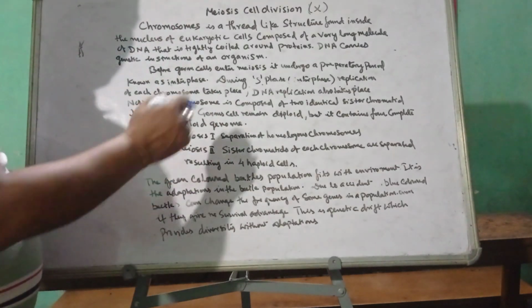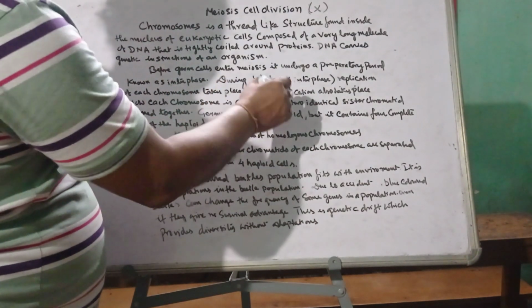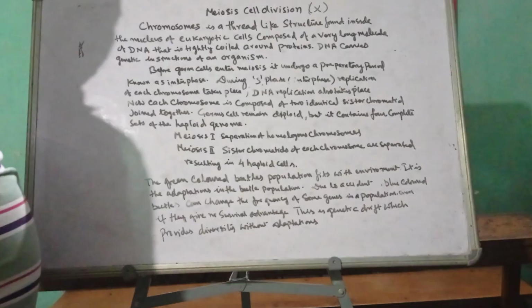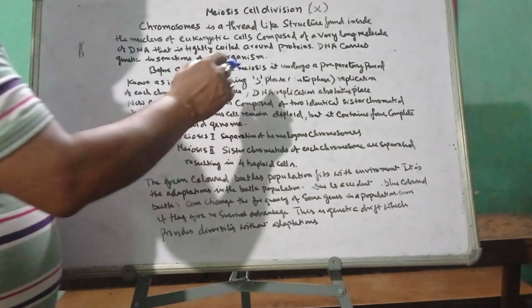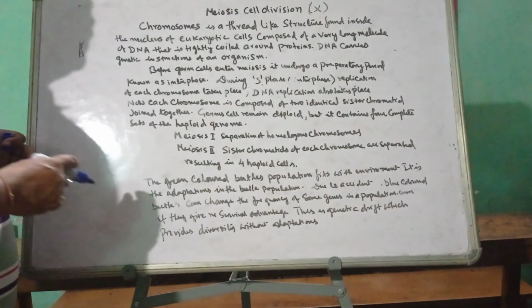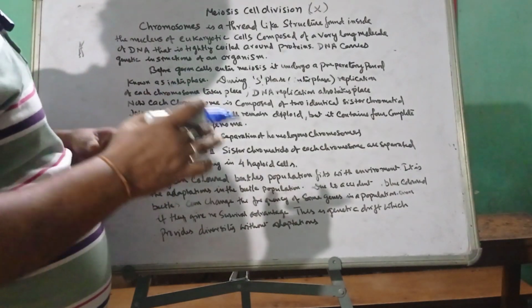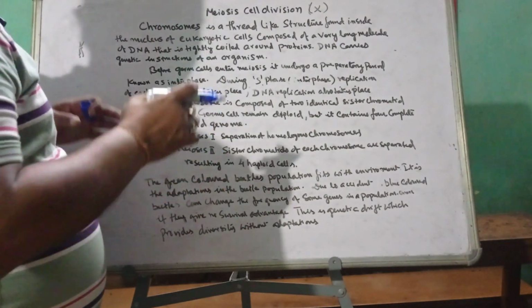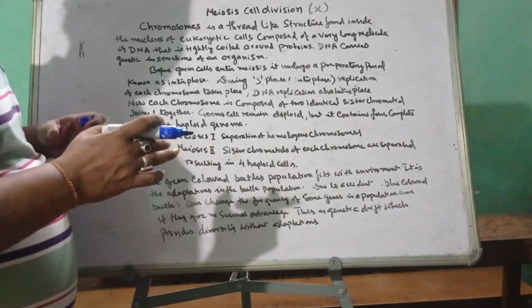Because of chromosome replication, and at the same time DNA replication, here the DNA replication takes place. Meiosis is the cell division which occurs in the germ cells, and these germ cells are present in the sex organs.